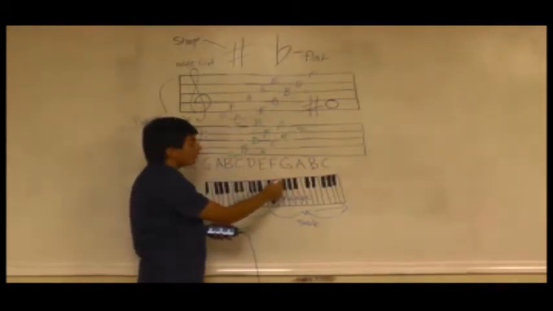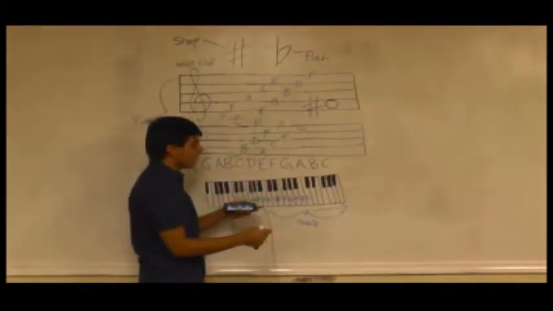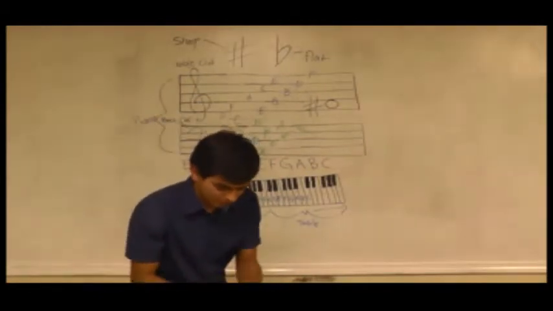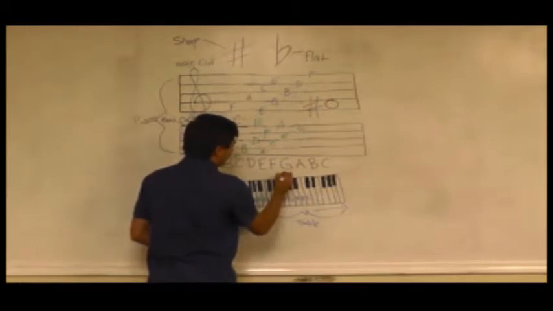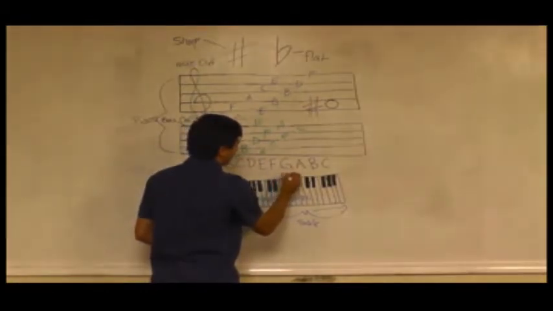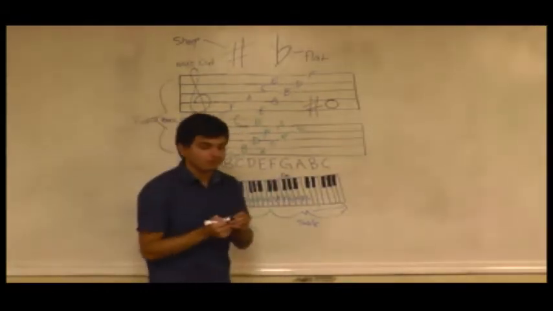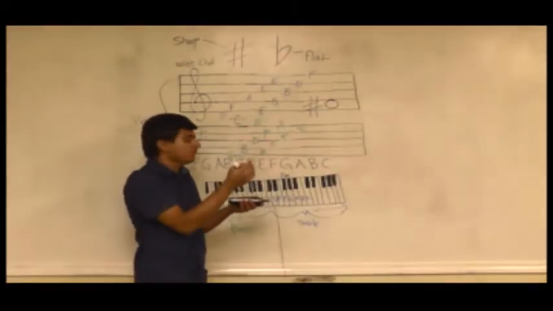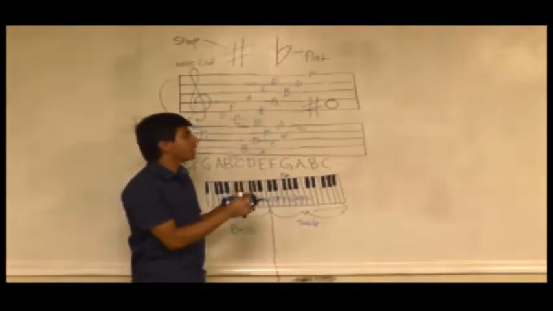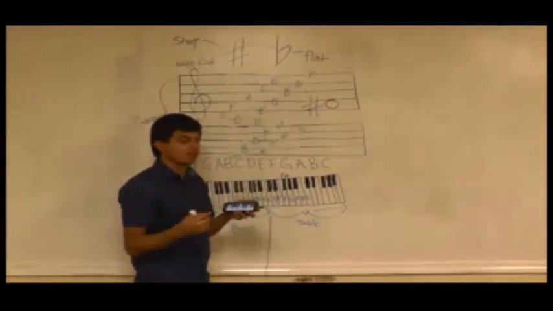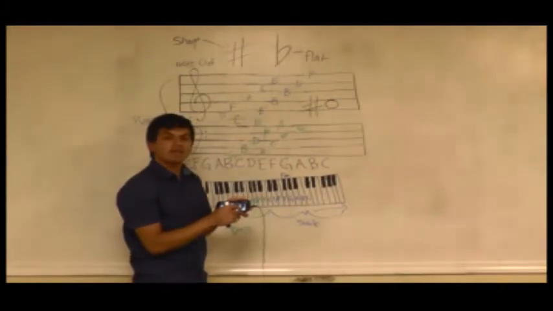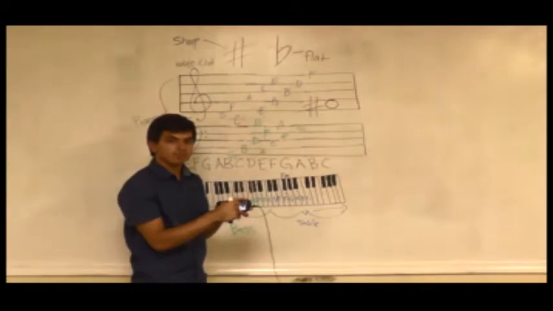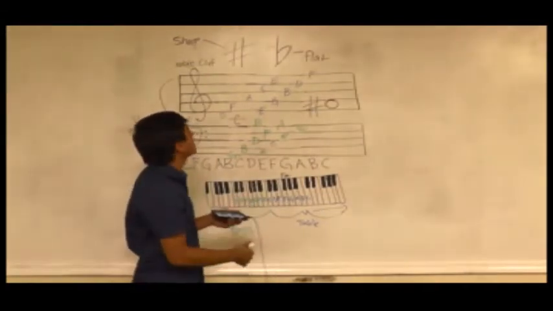We move up one half step to this black key, and that becomes none other than F sharp. That is the new name of the note. Not too hard to remember. It's literally written there for you. So the F natural, the regular F, sounds like this, but now that we added the sharp, that F now sounds like this. Okay? So that's how a sharp works.